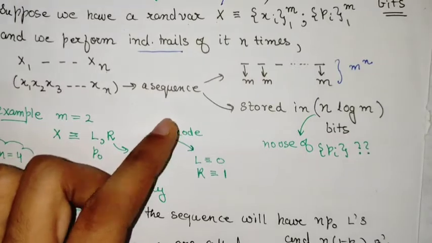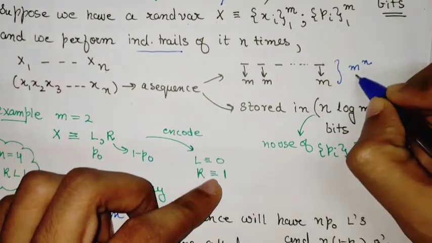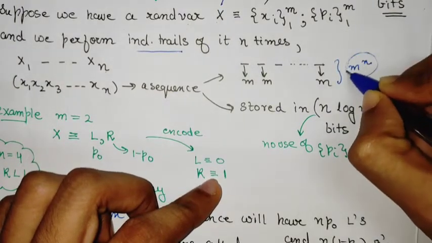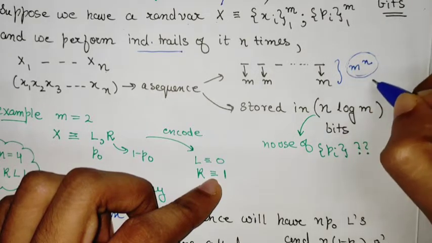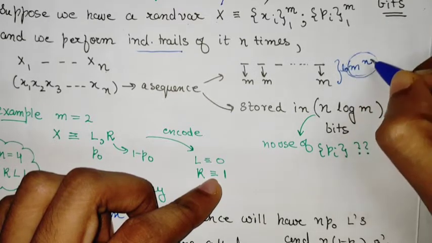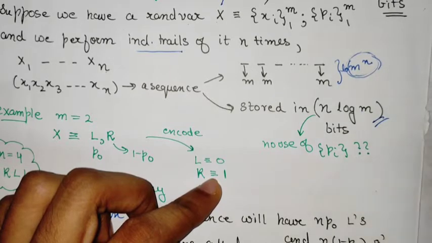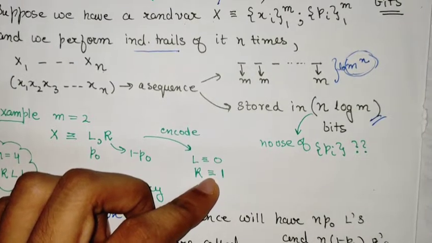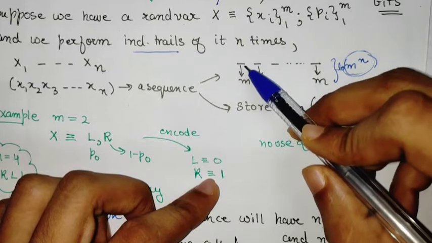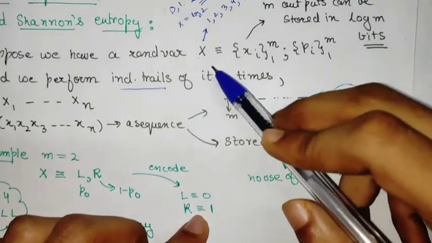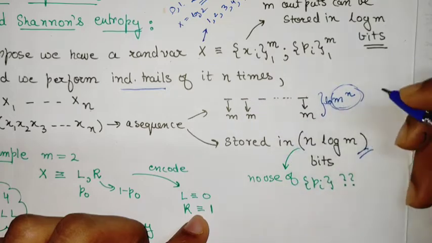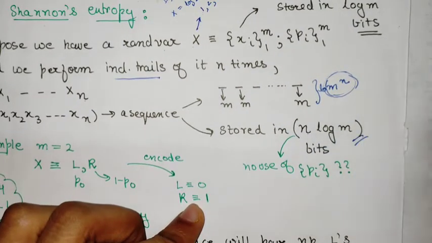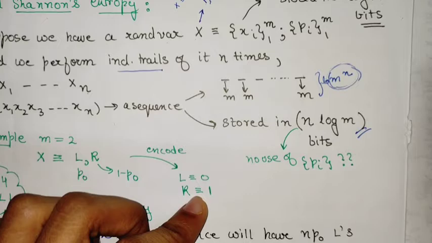These m to the power n different sequences can again be stored in bits, and you will need log of m to the power n bits, that is n log m bits. This can also be understood by the fact that each trial requires log m bits, and you have n trials, so n times log m is the number of bits required.